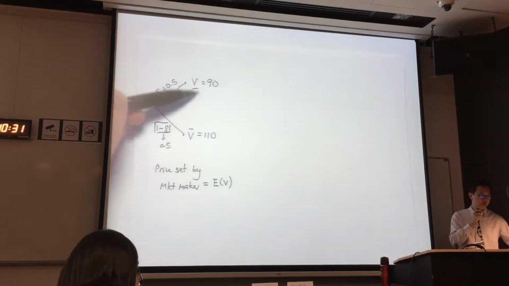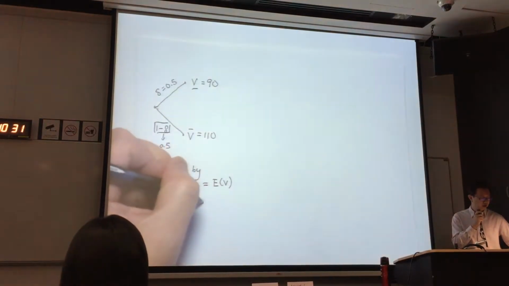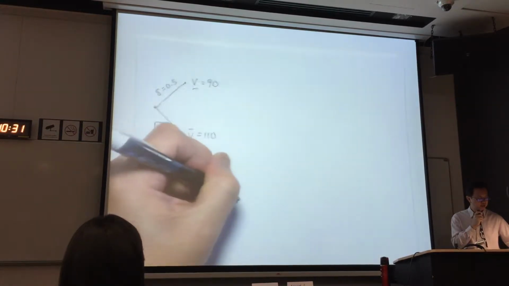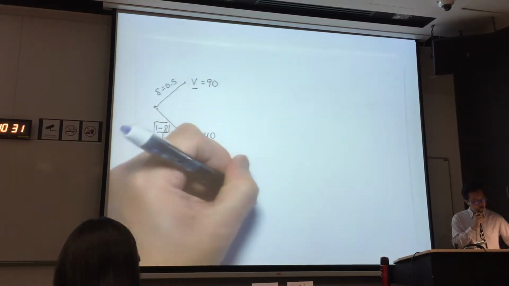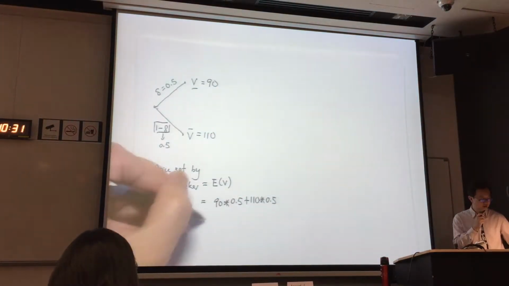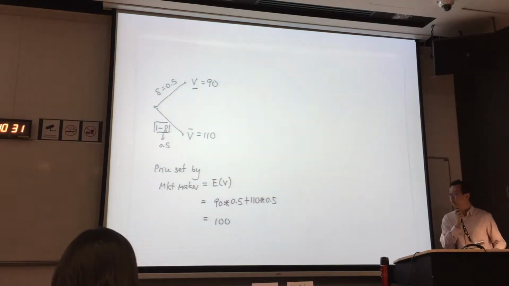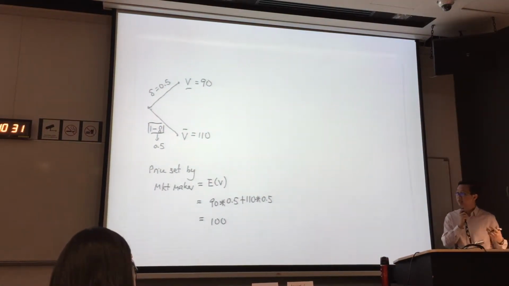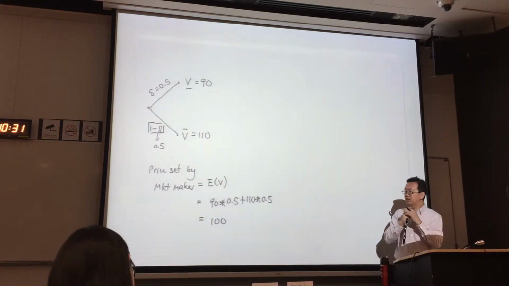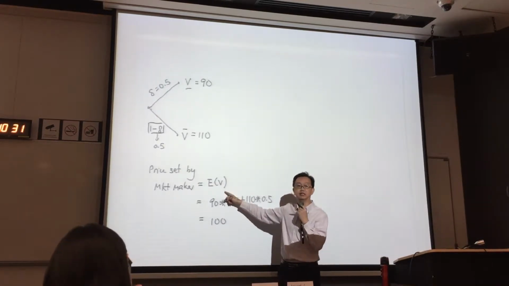It means taking into account the possible values and the probability of each value. So this will be 90 multiplied by 50% probability plus 110 multiplied by 50% probability, which is 100. If the market maker doesn't incur any cost, it will try to sell the security at 100, reflecting the value of the asset.